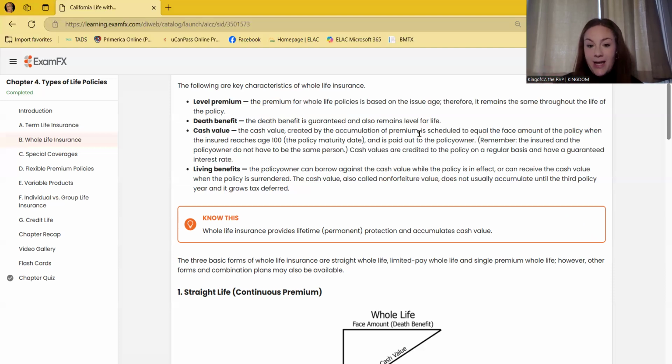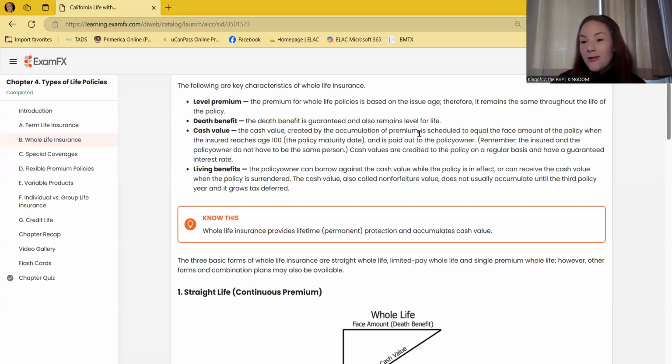Okay, that's the maturity date, and is paid out to the policy owner. Please remember, the insured and the policy owner do not have to be the same person. Cash values are credited to the policy on a regular basis and have a guaranteed interest rate. Okay.